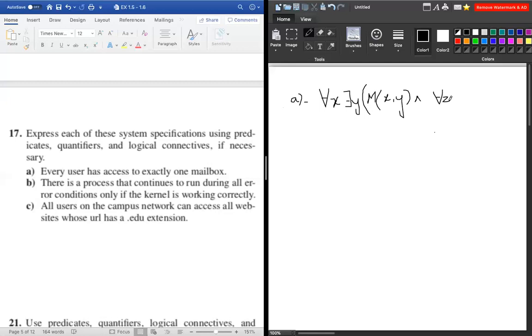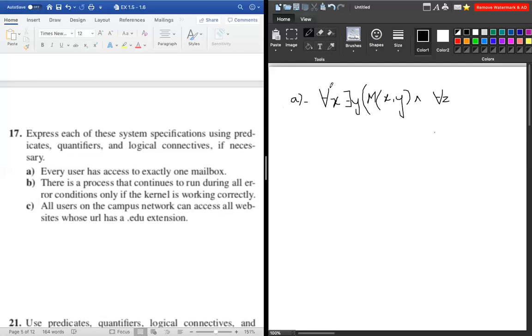Yes, you can use a uniqueness quantifier for that, can you? A quantifier that is only true if exactly one is true. Which one is that? So there are two kinds of quantifiers.